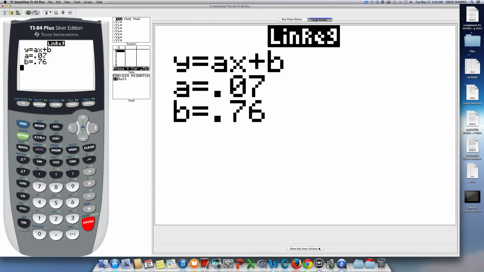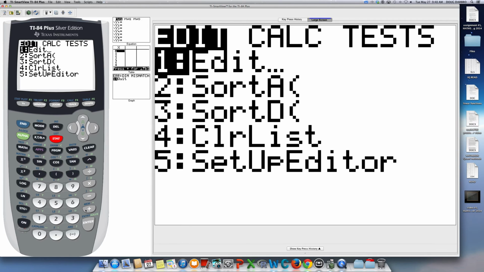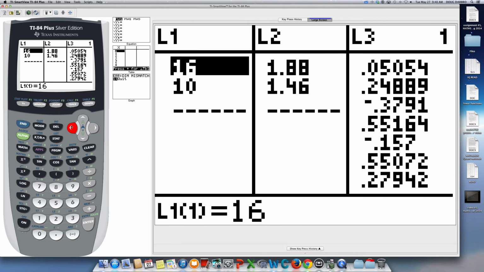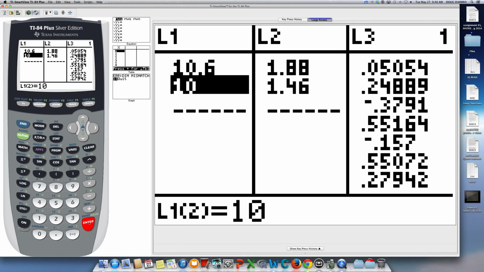All right, let's go back to Stat, go back to Edit. And all we'll need to do here is take care of our x's because our y's are going to be the same. So we're going to need 10.6 here. And we're going to need 12.7.